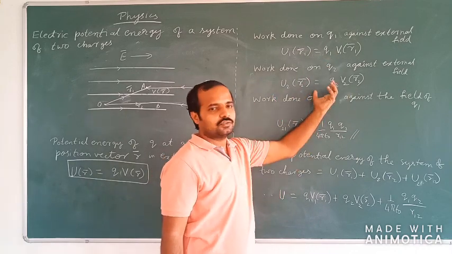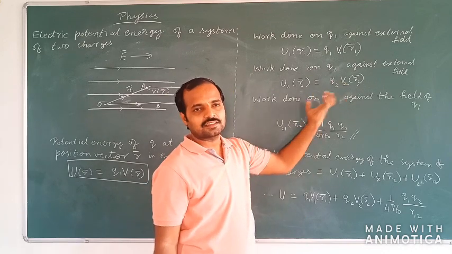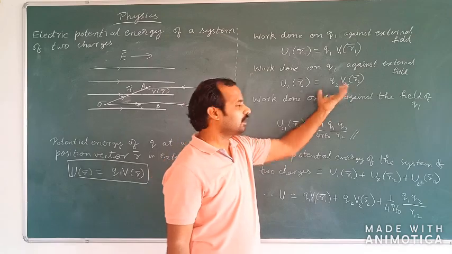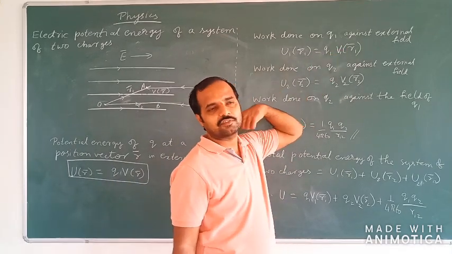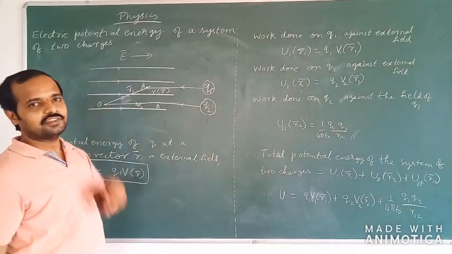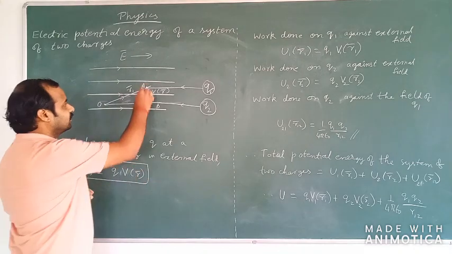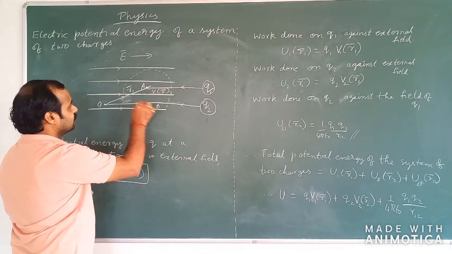But in case of Q2, we don't have only the electric field of the external source charge, we also have another charge, Q1, already existing inside the field. That is, I also have the electric field associated with the charge Q1.